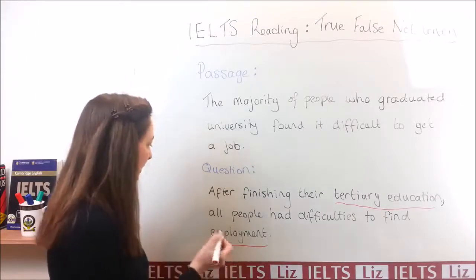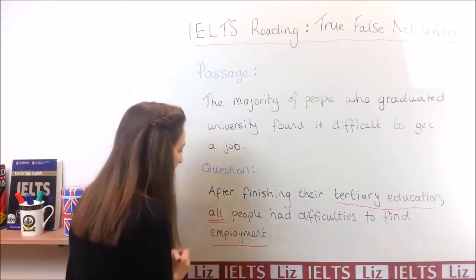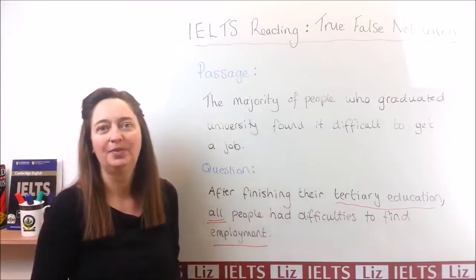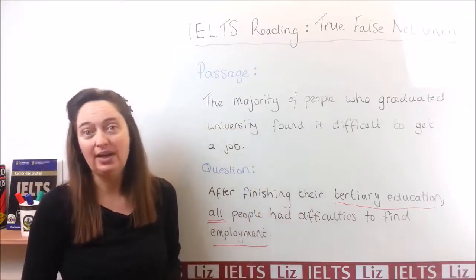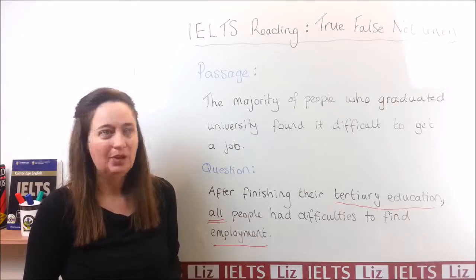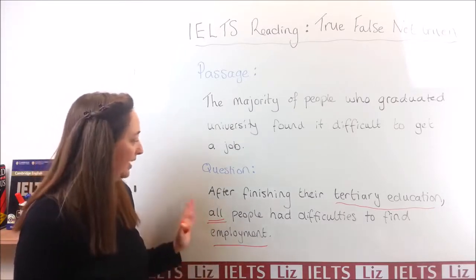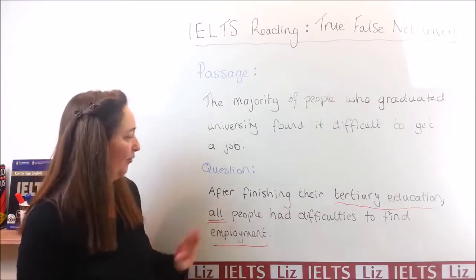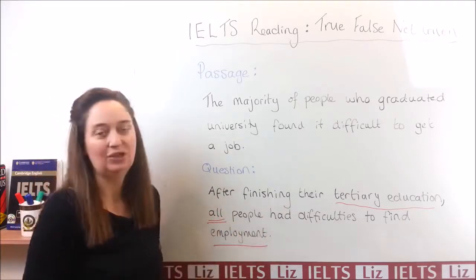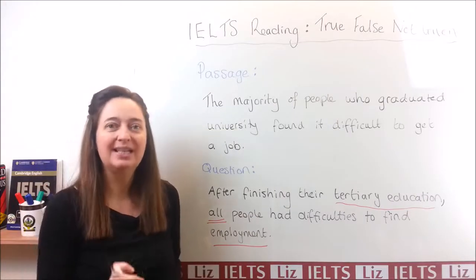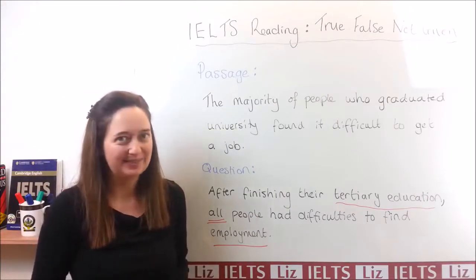So here we're going to take a look at this. The word all. All means 100% of the people. So after finishing their university education, 100% of those people had difficulties to find work. That's the actual meaning of the statement.